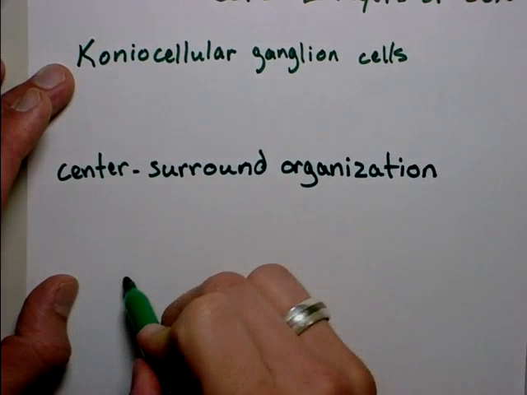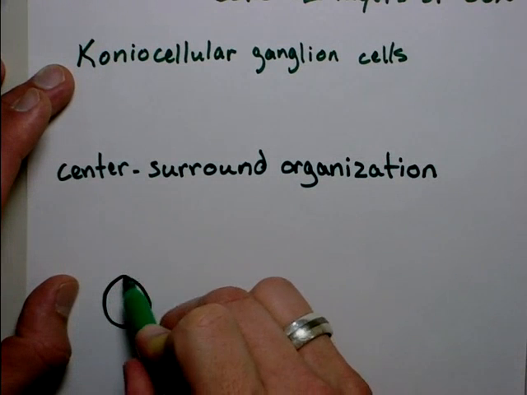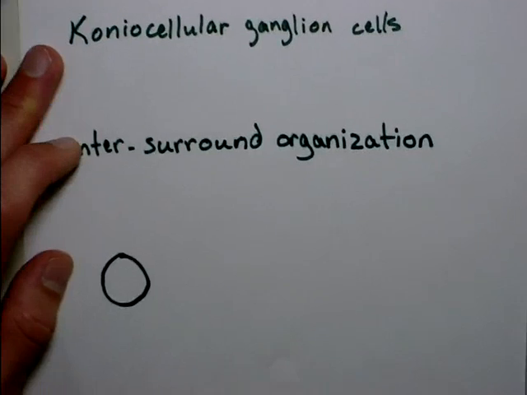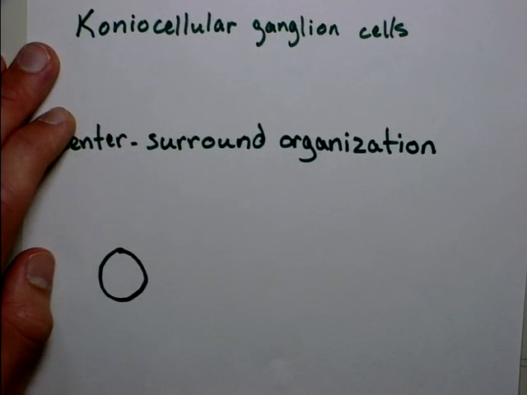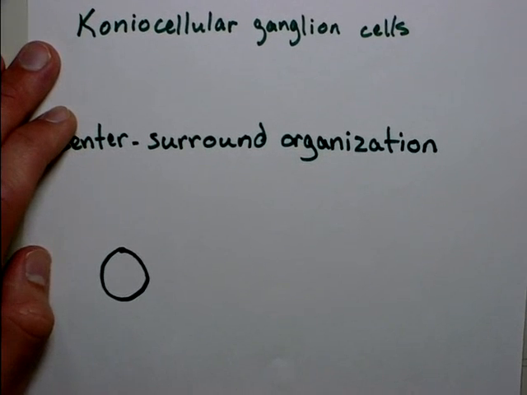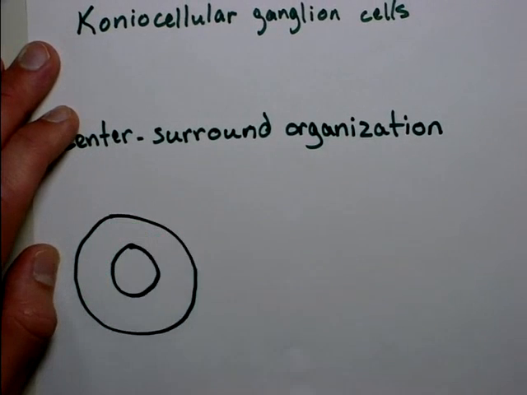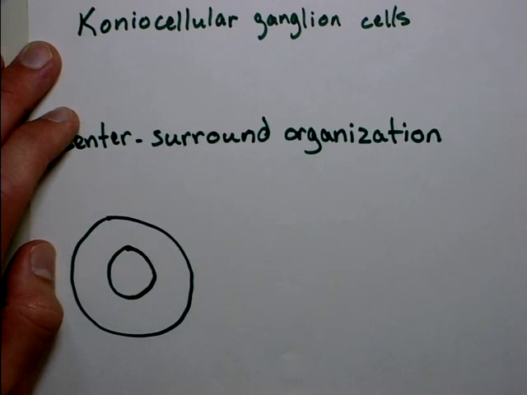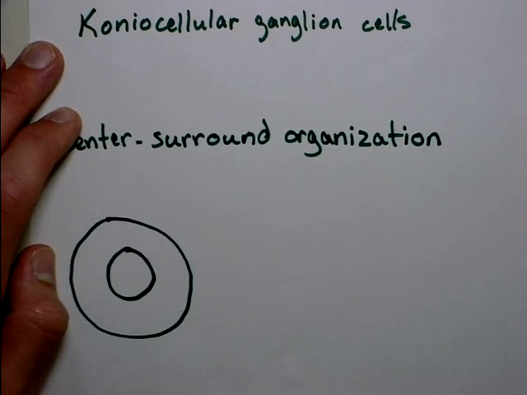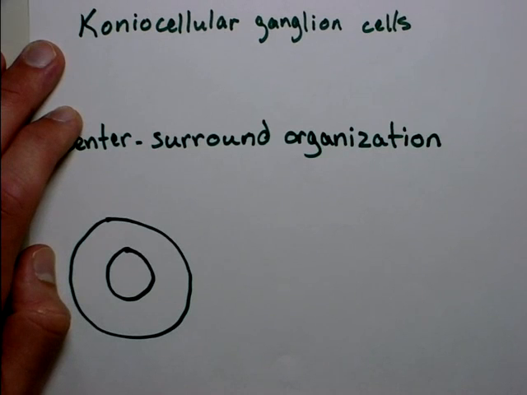It means that you have a center circular area that responds differently to light than does a surrounding circular area. Are you with me on that?